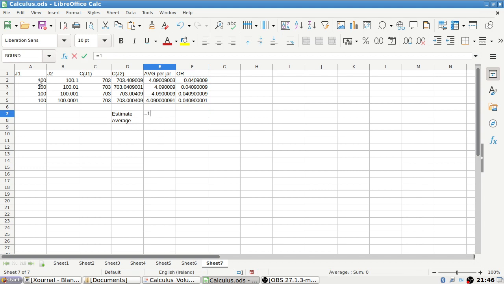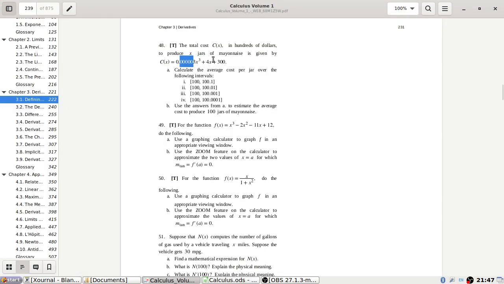So it's either going to be that or that. So the $4 answer makes more sense. So I think the English here is a little bit unclear. Calculate the average cost per jar when production is in the following ranges.